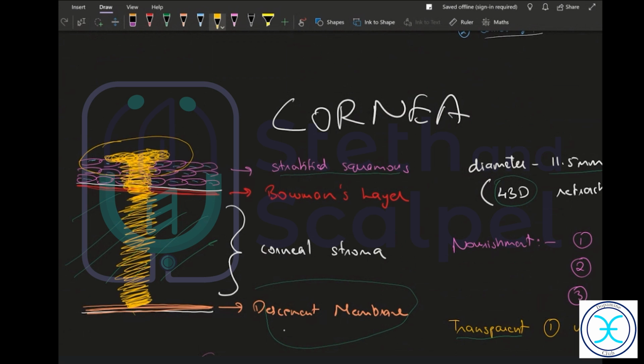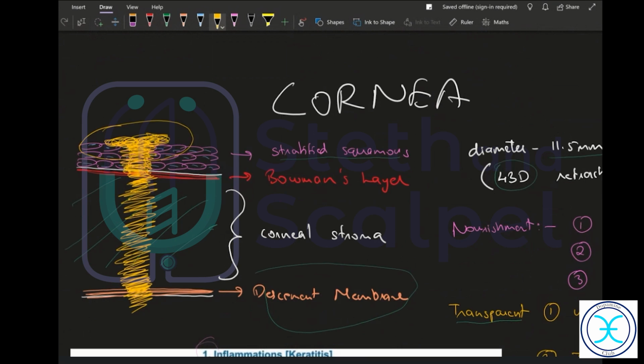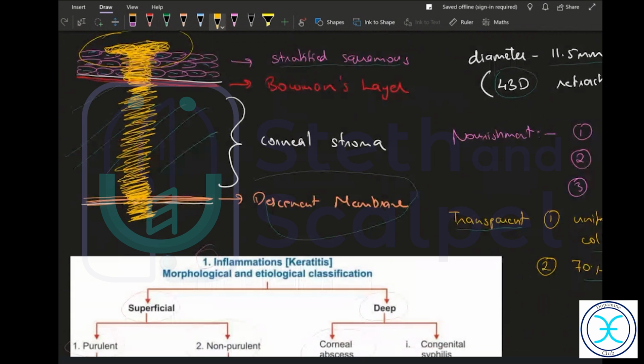And what is beneath this? Iris, anterior chamber. So you have hypopyon, all of those things will start happening, and this cornea will become damaged to an extent where you can't repair it. Am I making sense or am I telling something wrong here, guys? You're right.